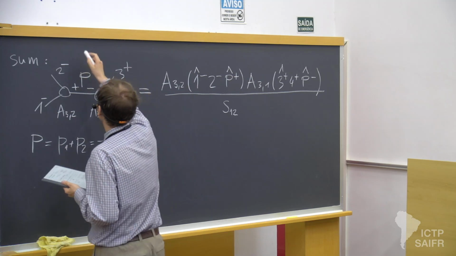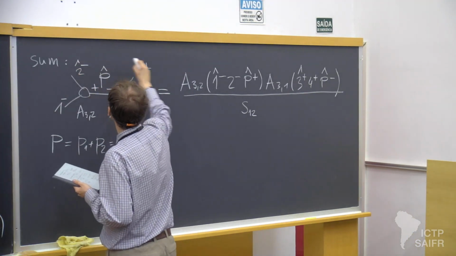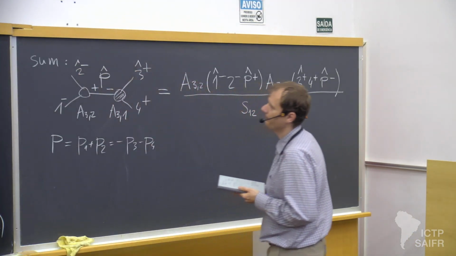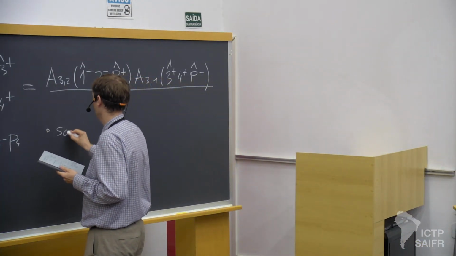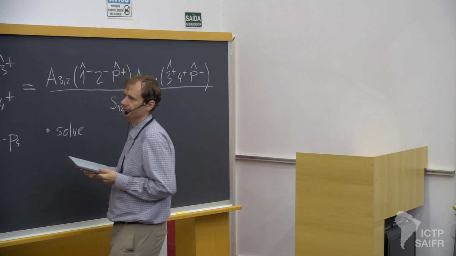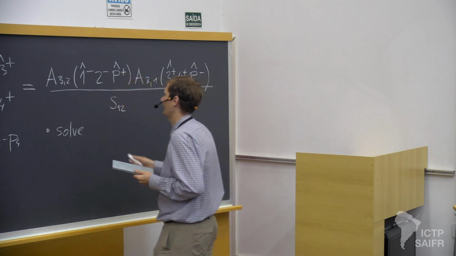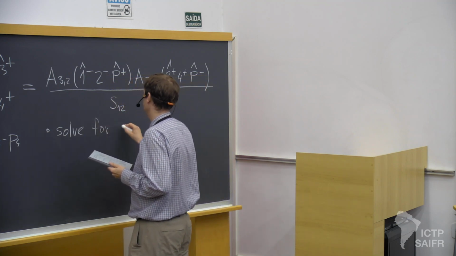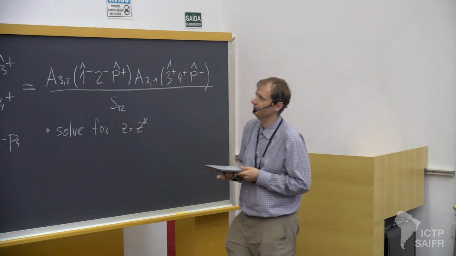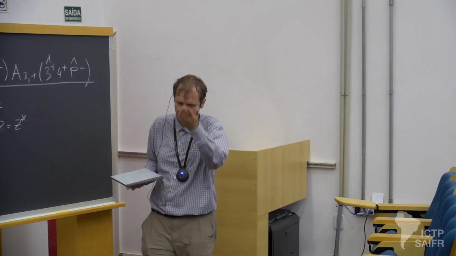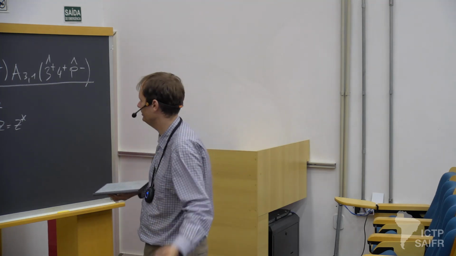So, I need to edit things here because these are all shifted. So let's first solve for this shift. For z equals, let me call it z star, because there is only one term, so we will not label it with this index j.